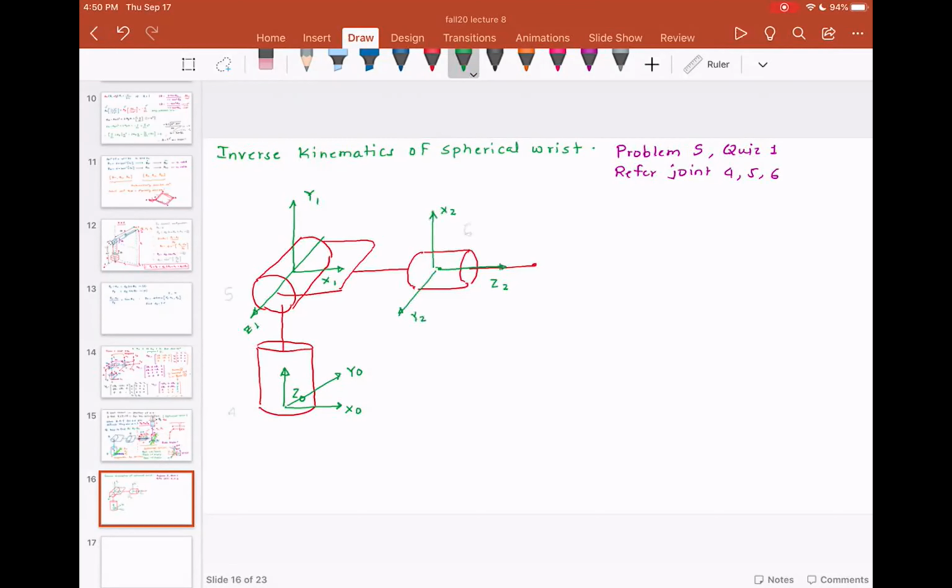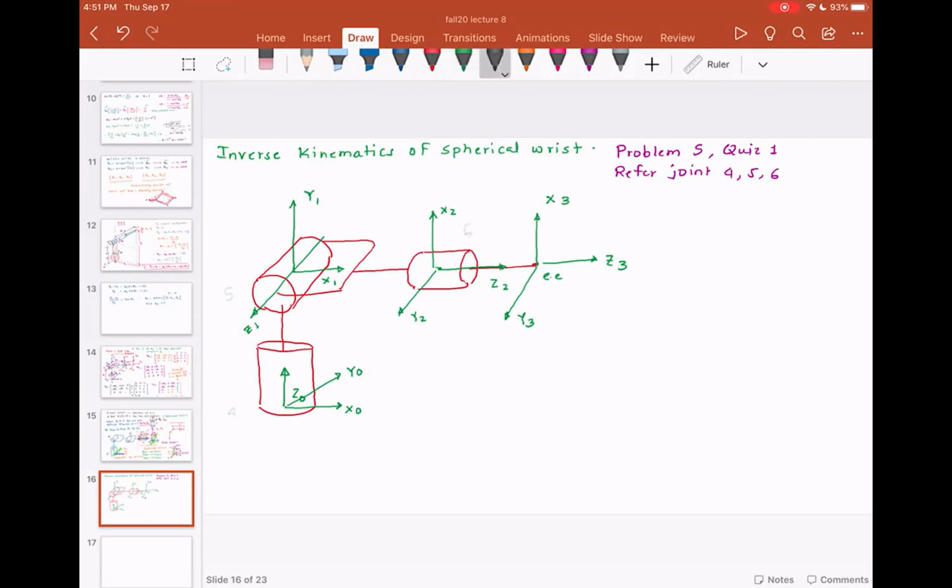And last but not least, this is the end effector frame, and I'm going to draw this exactly similar, Z3, X3, and Y3. Okay, so just make sure that we satisfy all the 4 rules when we drew this.